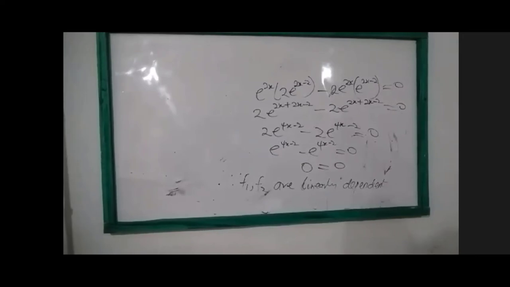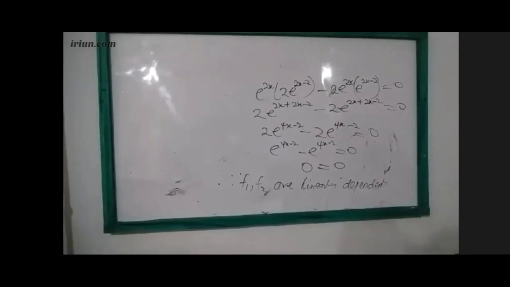And once you use the Wronskian, the condition is that when the Wronskian is equal to 0, it means that the set of functions are linearly dependent. So it's a condition. It has nothing to do with the other one. So keep that at the back of your mind.